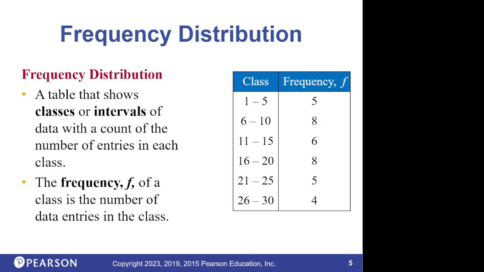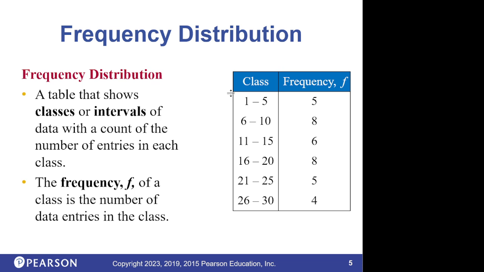So a frequency distribution, and I hope you can see the mouse moving across as I point, is made of classes or intervals. Now, in the research I've done, and because of some of the software we use, I also will use the word bins for classes or intervals.